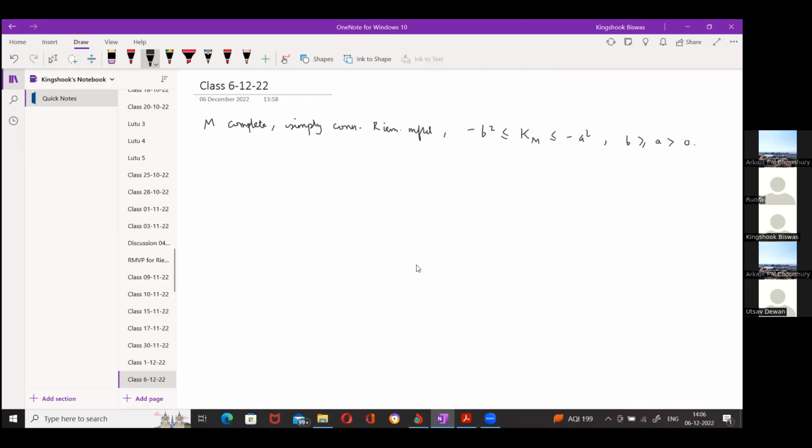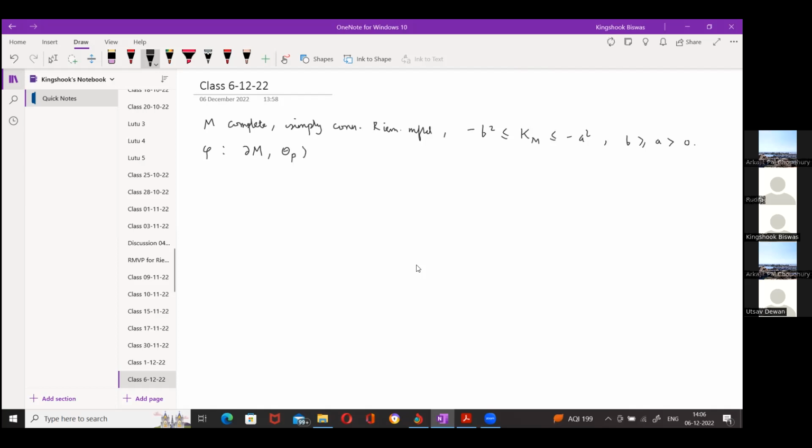And so we're given phi, a Lipschitz function on the boundary.